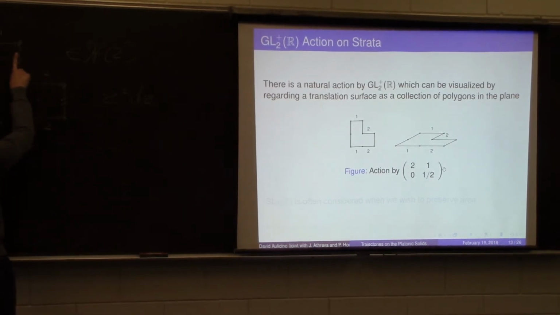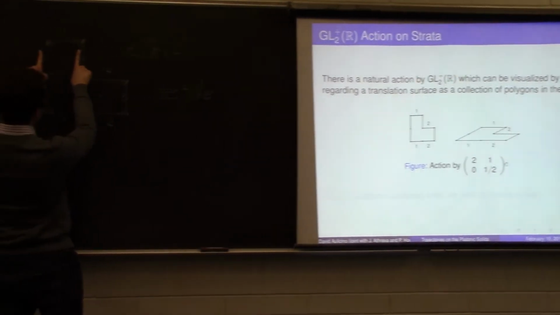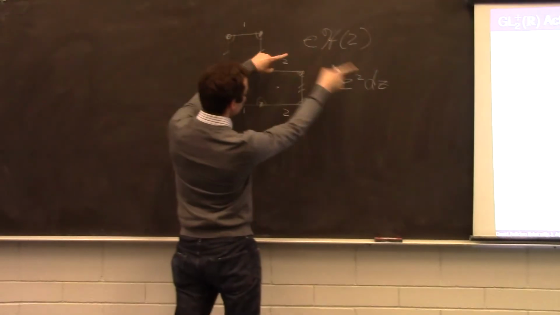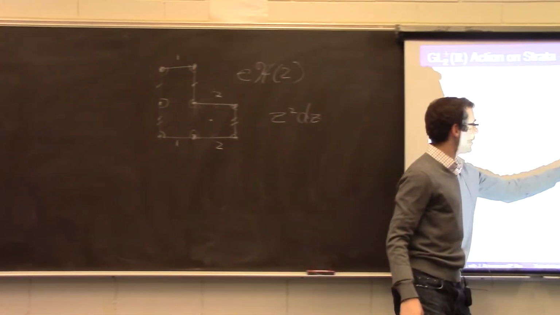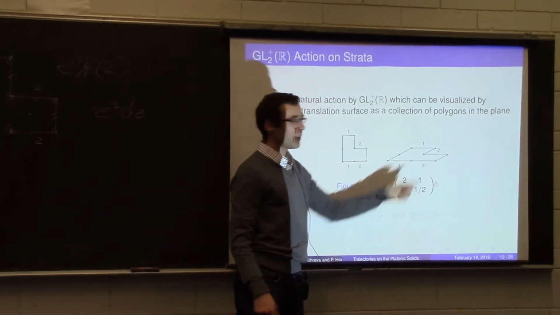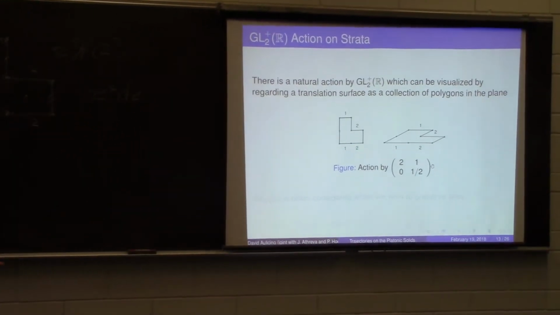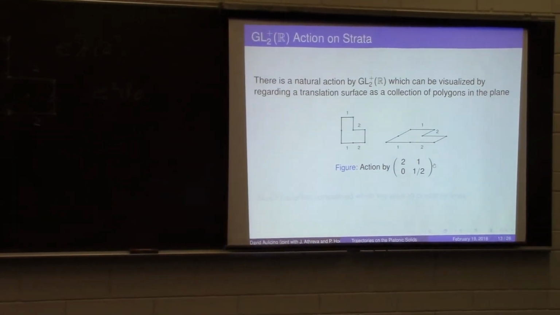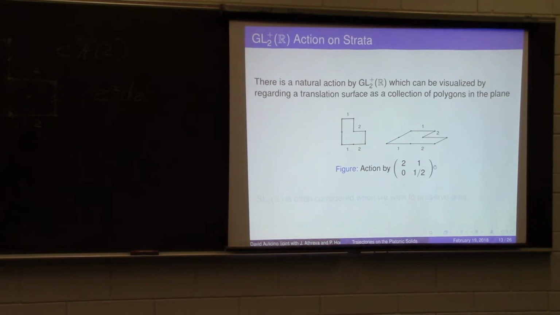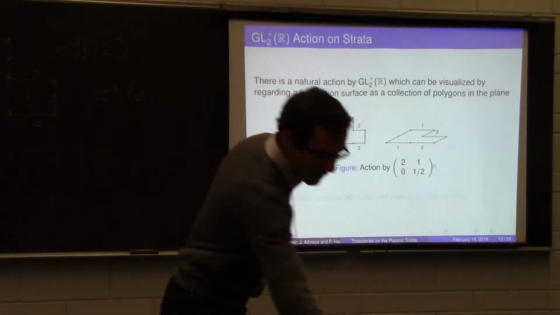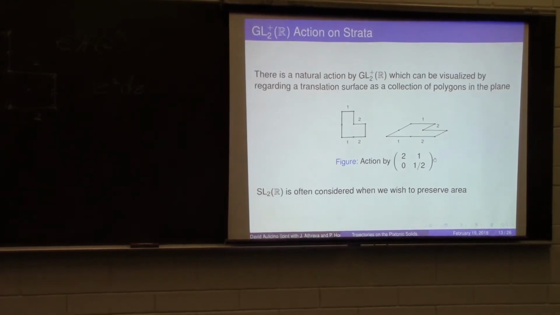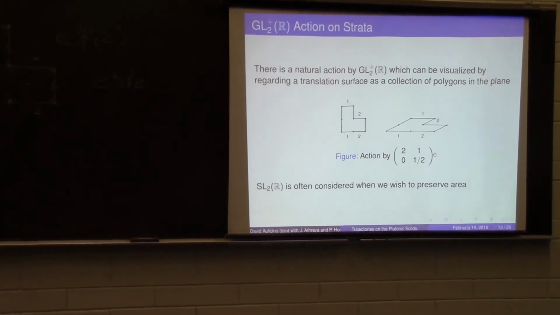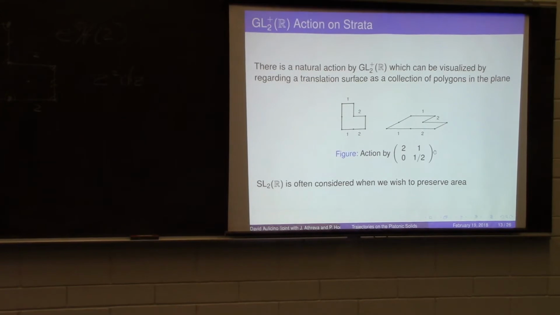If I multiply 2 parallel vectors with the same length by the same matrix, they're going to turn into 2 other vectors that will still be parallel and have the same length, and therefore I can identify them. So I'm indeed getting an action on this space of translation surfaces. And I should mention that sometimes, like in this case, if we want to preserve the area of the translation surface, we consider SL2R instead.